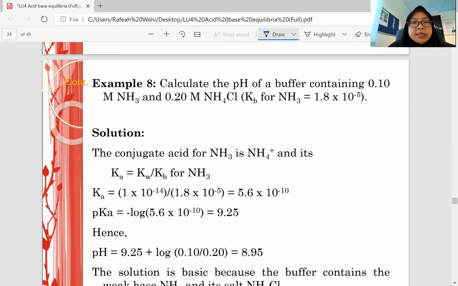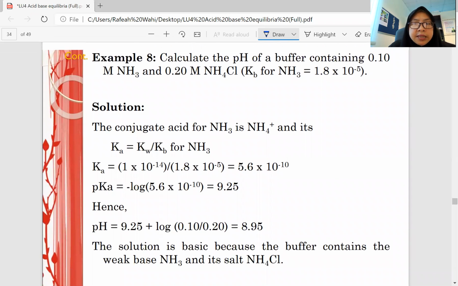Let's look at an example calculation for a buffer, which will utilize the Henderson-Hasselbalch equation. The question asks: calculate the pH of a buffer containing 0.1 molar ammonia and 0.2 molar ammonium chloride, whereby Kb for ammonia is 1.8 times 10 to the power of negative 5.